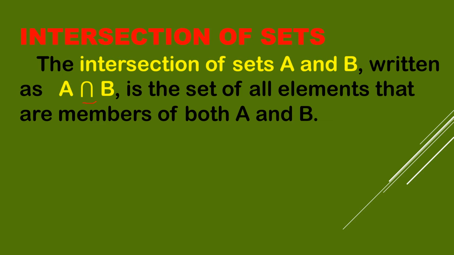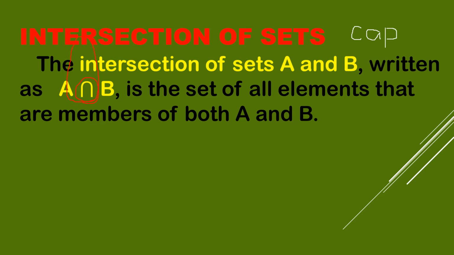So ito yung symbol class ni intersection. Okay. If the symbol for union, we named it as cup, this symbol for intersection, we named it as cap. Okay? Ano ba yung cap?